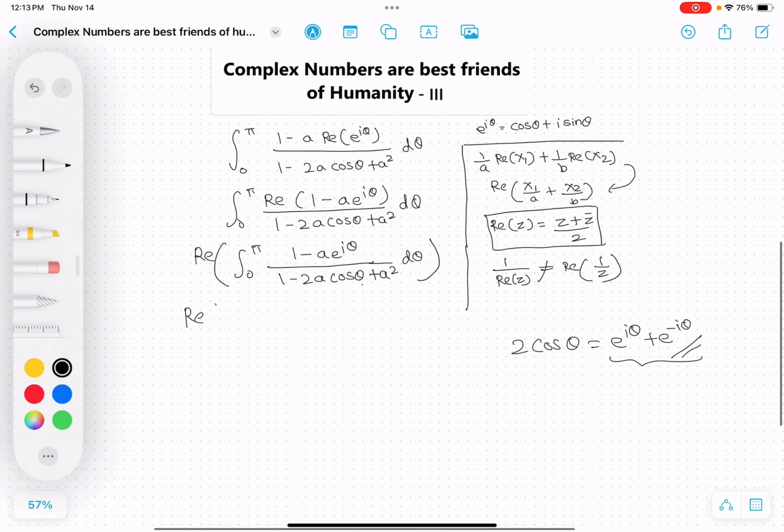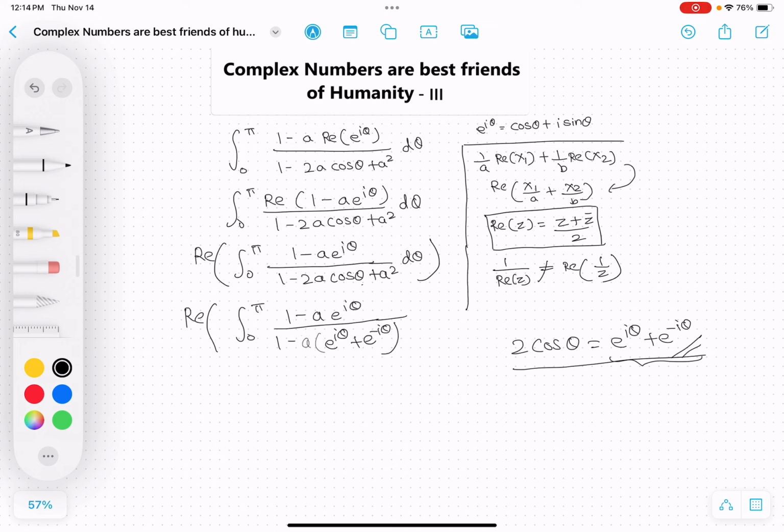So if it's possible, you can definitely use the real part, but if it's not, you can use this definition of cos theta. So (1 minus a e to the power i theta) divided by 1 minus a times, and let me not write 2 actually, because that's the formula for 2 cos theta, so we know that 2 cos theta is just e to the power i theta plus e to the power minus i theta, plus a squared, d theta.